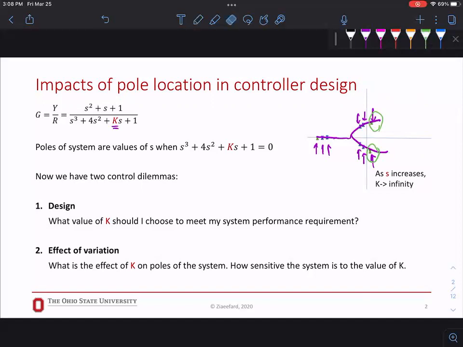Where is that somewhere? Exactly, because this is marginally stable, right? So first of all, you will increase K from 0 until you get to that line, because beyond that the system is unstable. Designing a control is to make the system stable. So simply looking at how it changes will give us some information. Still, we have so much else to cover on where to actually put the poles.